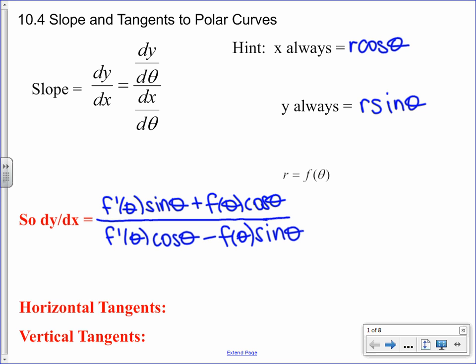Yes. So if you plug in a theta value, you get a slope. Is that going to be like an equation that looks like a line that we want? Yeah. So it'll be the slope at that point.